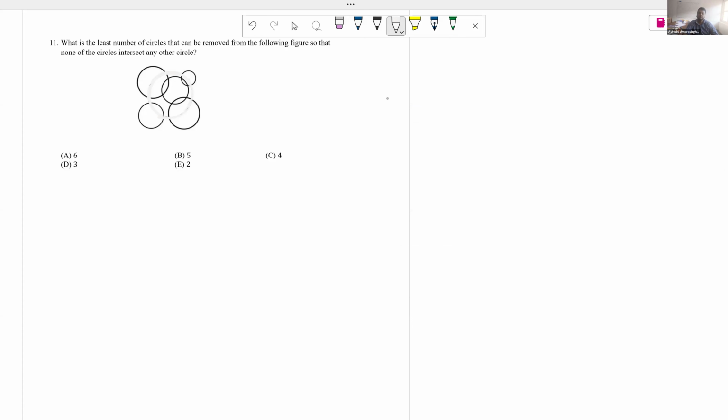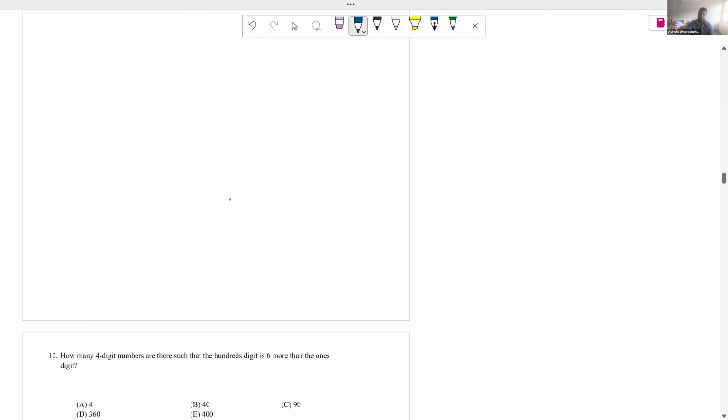Now what I think the next one to remove would be this circle. And you can see once this is removed, it will be totally unentangled. Okay, so immediately the answer is 2 circles. Okay, the answer 1 is not there. That also indicates that we have the correct answer.